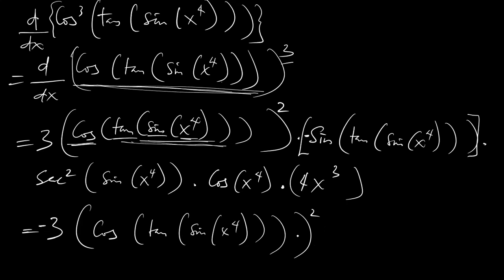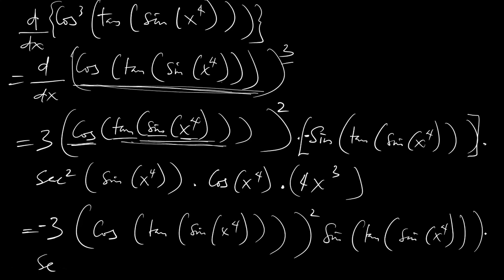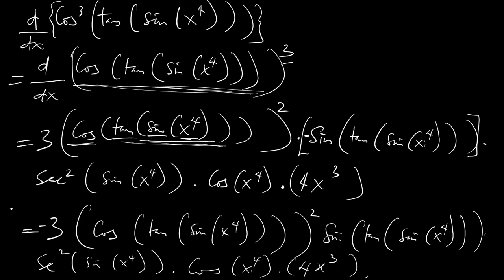We should have a minus here: minus sine of tan of sine x to the power 4, then times sec squared of sine x to the power 4, times cos x to the power 4, times 4x cubed. So that is the final answer for this.